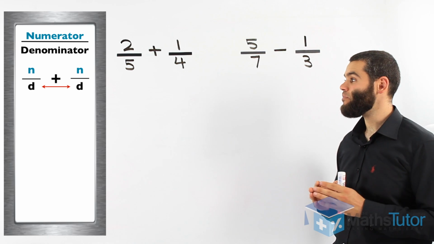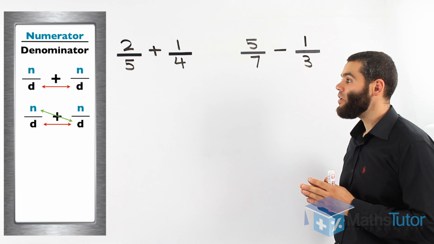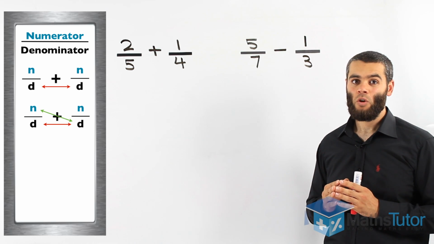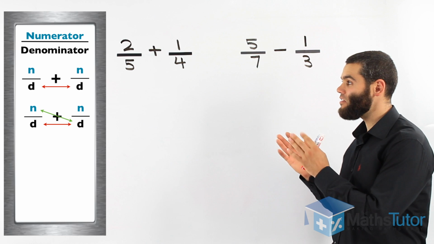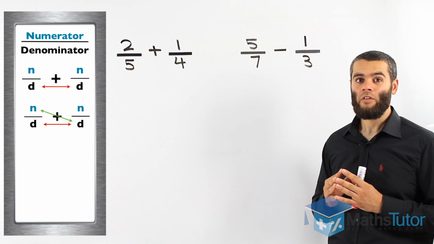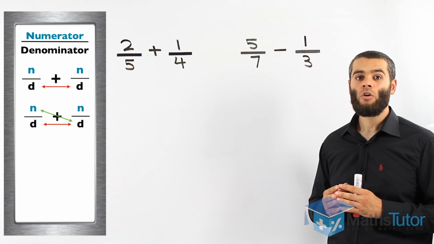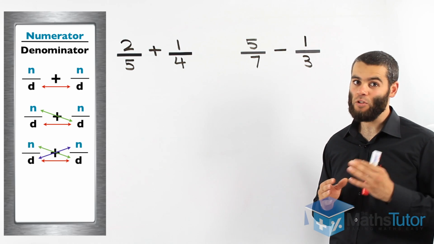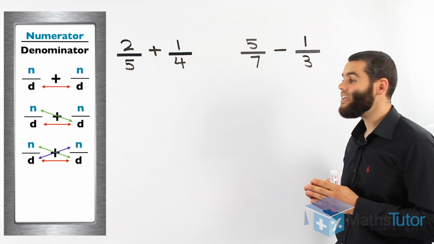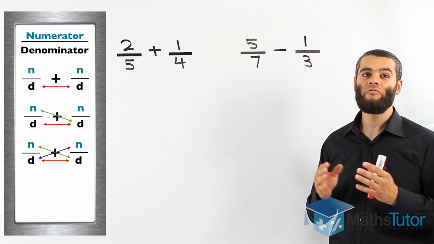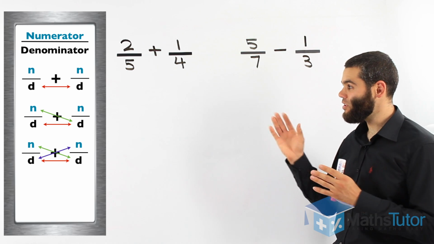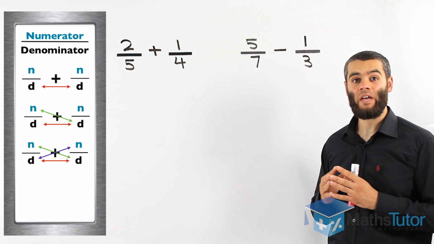Then, second step is to multiply the first numerator with the other denominator, as you can see in the green arrow there. The numerator times the denominator. Then we do a third multiplication: the second numerator with the first denominator, as you can see with the purple arrow there.